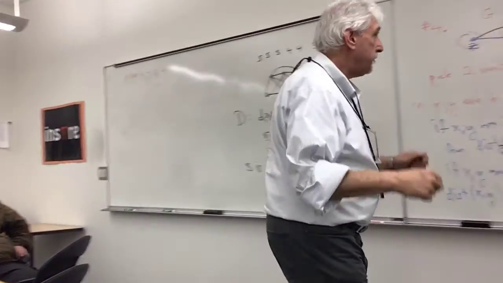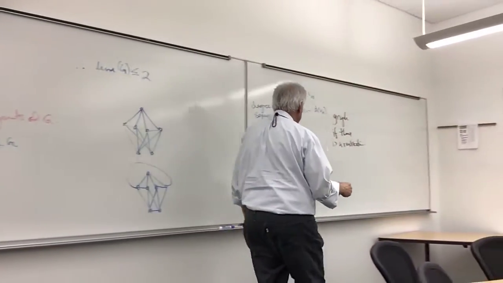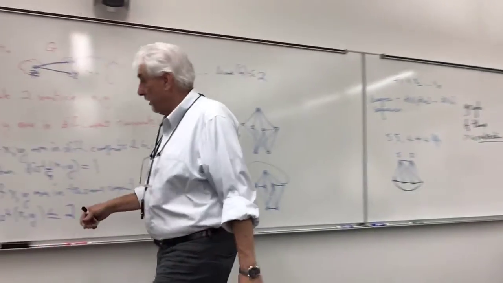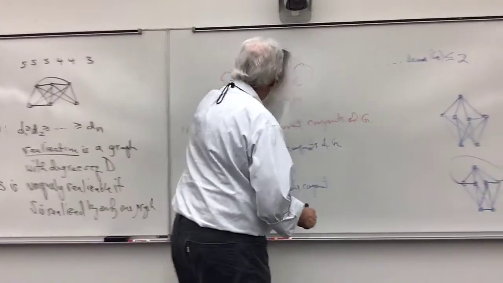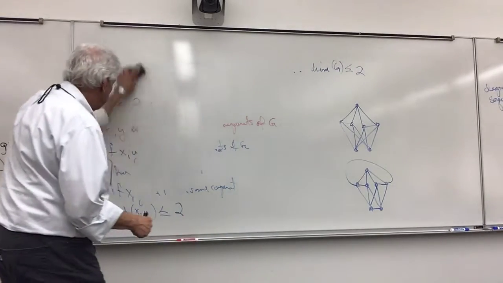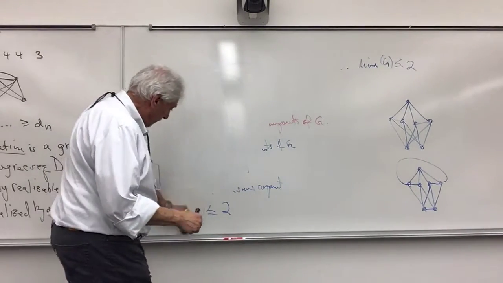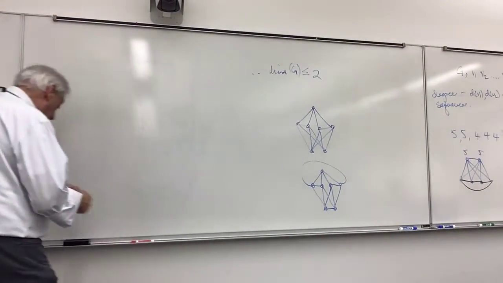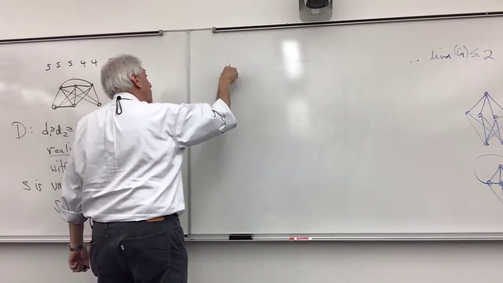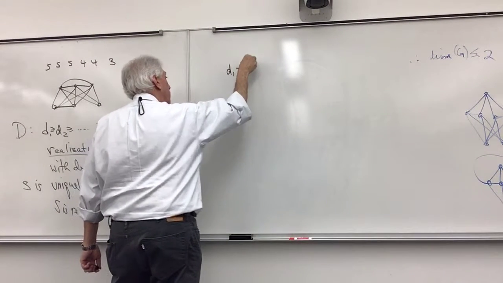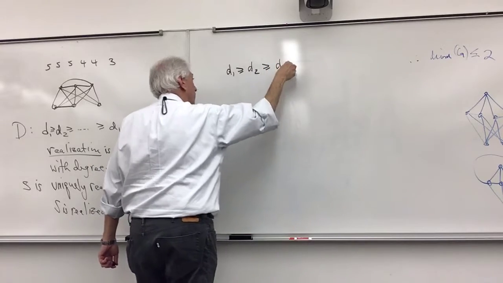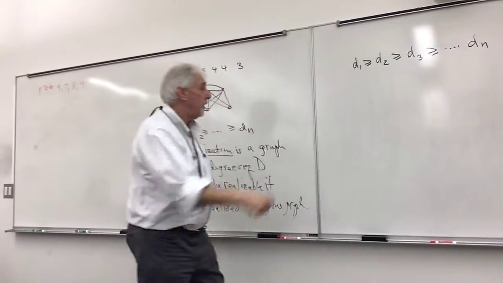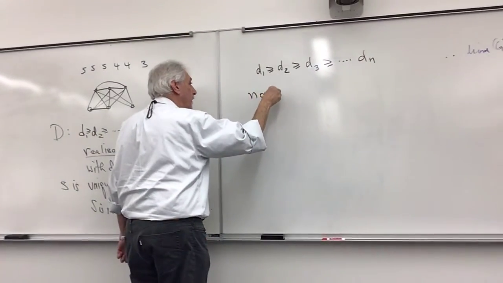So I'm going to give you a sequence of n degrees, D1 greater than or equal to D2 greater than or equal to D3, a non-increasing sequence.